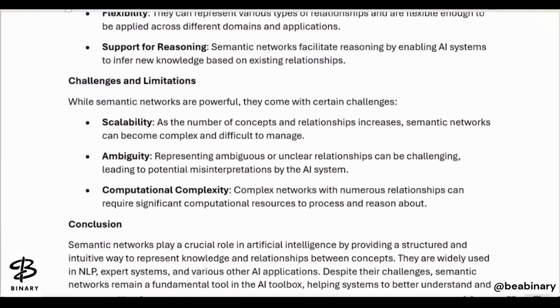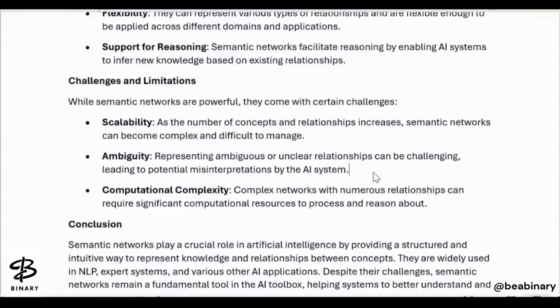Then we are talking about ambiguity. Ambiguity means when one node has a number of meanings, or when the same meaning is held by two nodes. So representing ambiguous or unclear relationships can be challenging, leading to potential misinterpretations by the AI system.